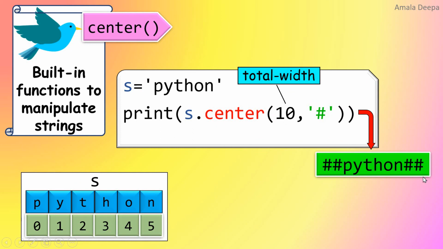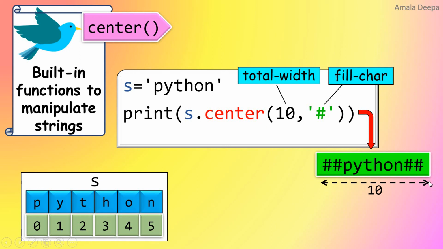In the center the string is placed, and there are some spaces in front and back of the string which are filled with the fill char. Here I have given hash as the fill char. So in the output you can see hash hash Python hash hash.